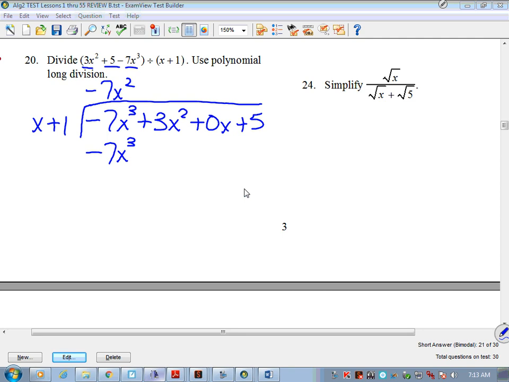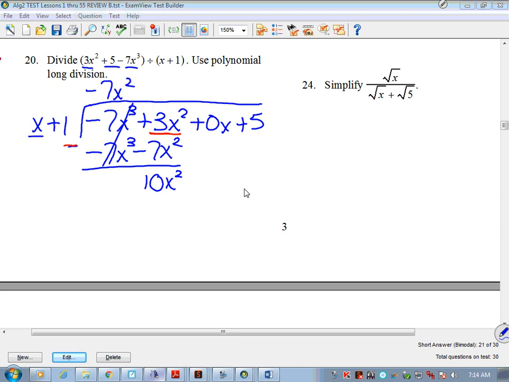And I'm going to take that negative 7x squared times positive 1. I'm going to bring it down here so I get that negative 7x squared. Then we're going to subtract. These will cancel. I'm going to get 3x squared minus negative 7x squared, which is actually going to end up adding them because I have a double negative. So that's going to be 10x squared.